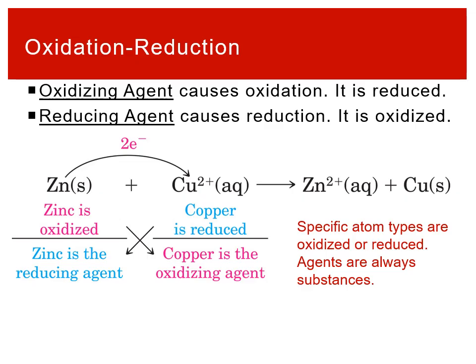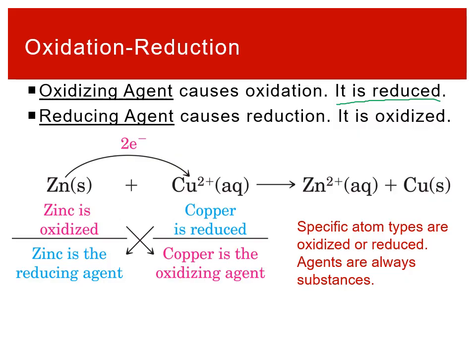So it is the thing that gets reduced. Remember, these two things have to be happening at the same time. So something that causes oxidation makes another substance, another atom, molecule, whatever, undergo oxidation. And so that has to be reduced. So in a reaction, if you identify what is reduced, what you're identifying is the oxidizing agent.